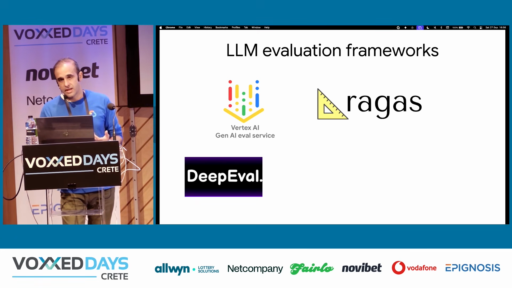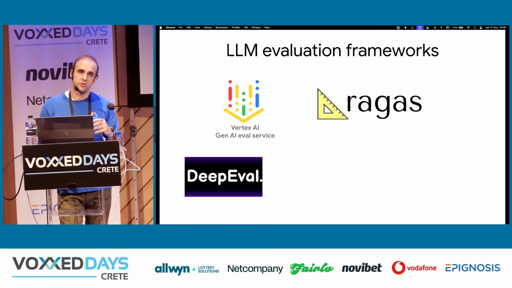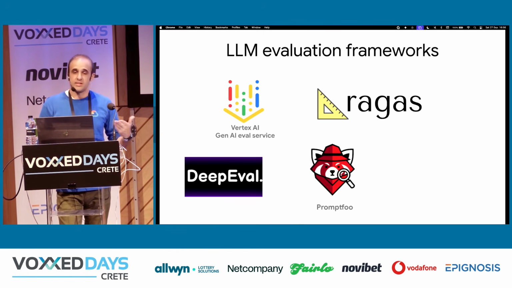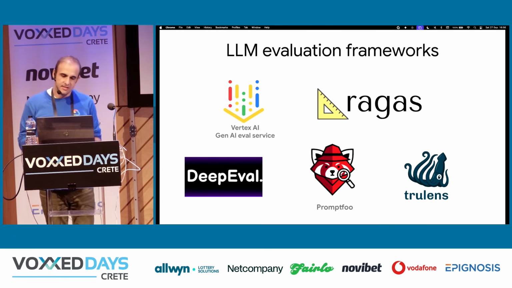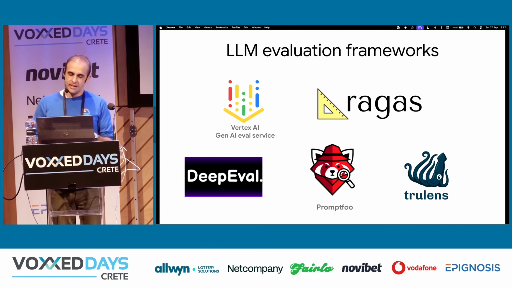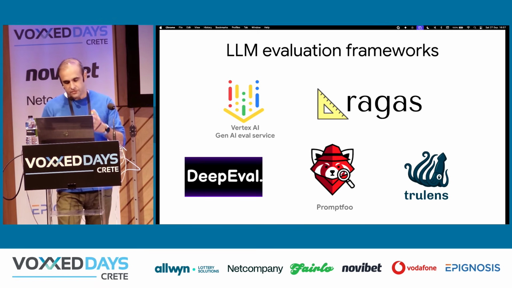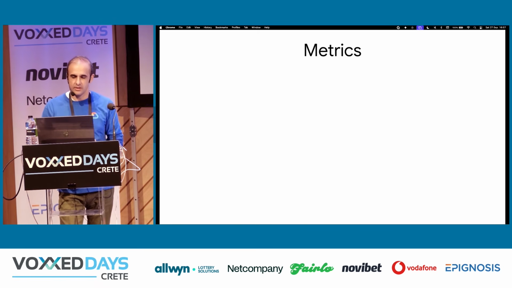There's another one called Ragas, which is an evaluation framework mostly focused on retrieval augmented generation. There's another one called Promptfoo, which is a security framework and also an evaluation framework. There's another one called TruLens, and there are more. These are the ones that I mainly tried and worked with. So you basically have to do your research a little bit and see which frameworks exist and which one you want to use.